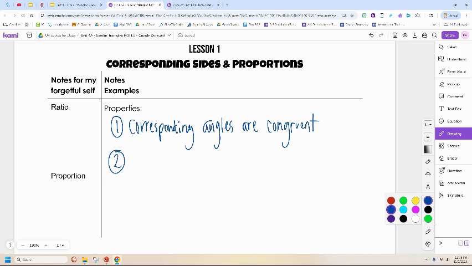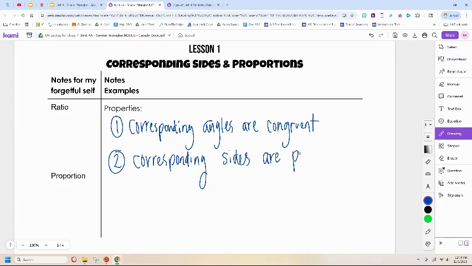So the phrasing that we typically use is we say corresponding sides are proportional. So this is the key word for today, proportional.